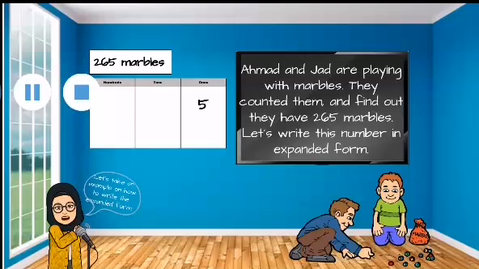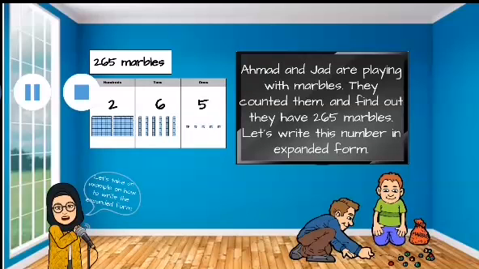Now, which digit is in the tens place? Yes, it's 6. Which digit is in the hundreds place? That's right, it's 2. So we have 5 ones, 6 tens, and 2 hundreds. What is the value of 2 hundreds? Each big block is 100.